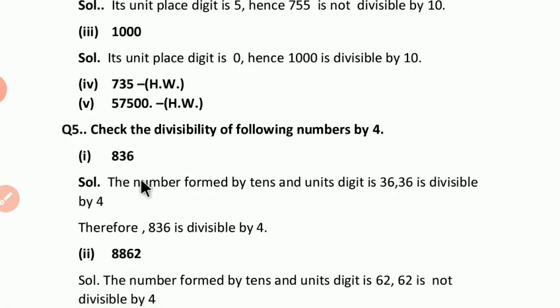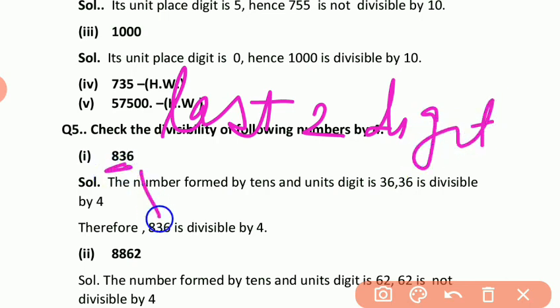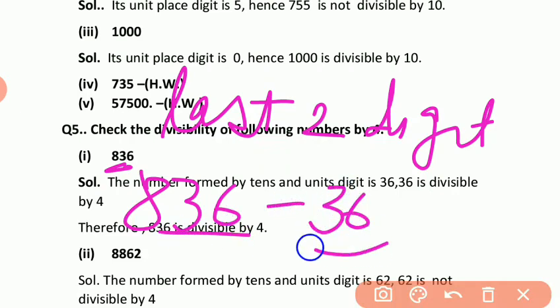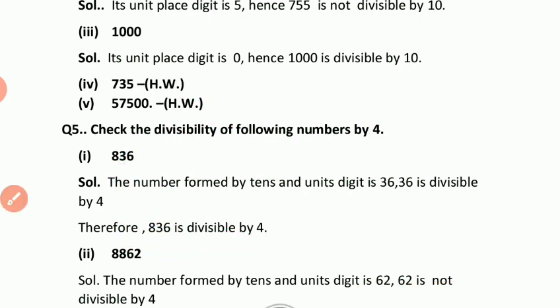So first one, 836. The number formed by tens and unit digit, or you can say the number formed by the last two digits. Which is the last two digits here? In 836, the last two digits are 36, and if 36 is divisible by 4, then we can say that 836 is divisible by 4.